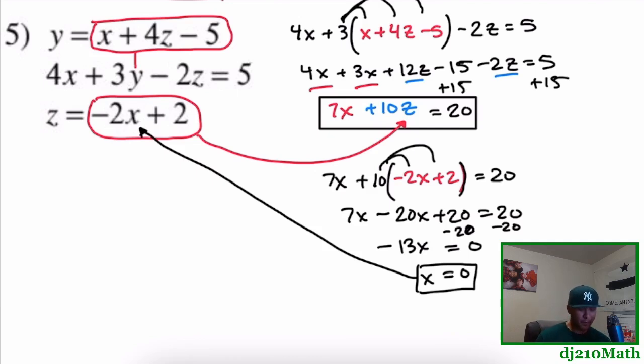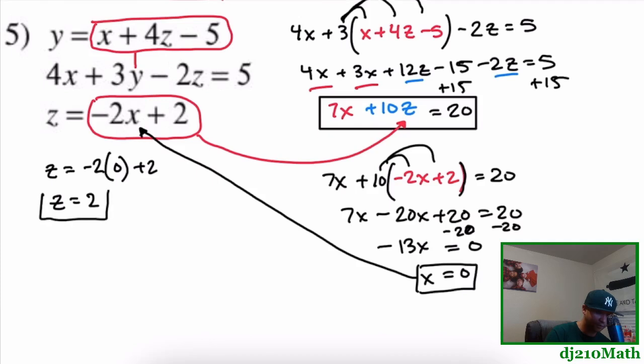You have to plug it in somewhere in hopes to solve for a single letter. So you can choose whichever one you want. So z is equal to negative 2 times 0 plus 2. z is equal to 2. That's nice. And with some quick mental math, that's the same thing that would have happened over here. x would have made the 7 go to 0, and 10 times what equals 20? Obviously, z is equal to 2.